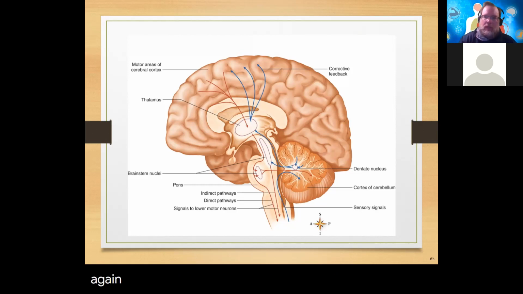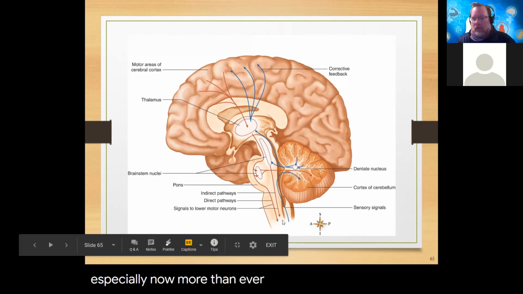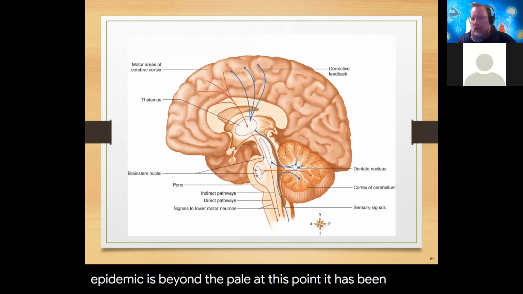Again, physical pain. So someone that's come in for pain medication because they're in pain, we have to be very careful, very cautious with how we approach it. So especially now more than ever, the opioid and opiate epidemic is beyond the pale at this point. It has been for a while.